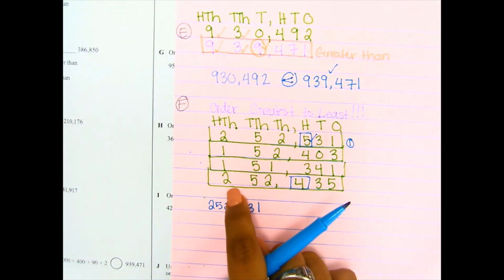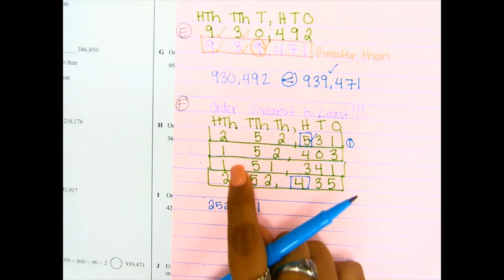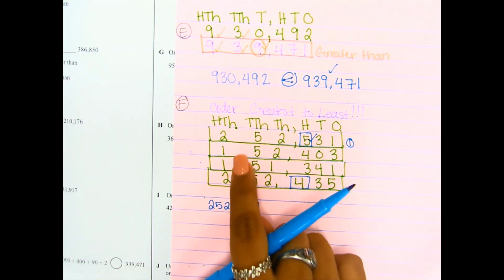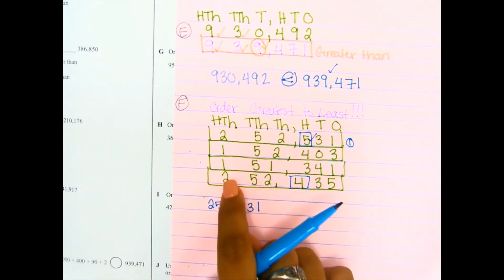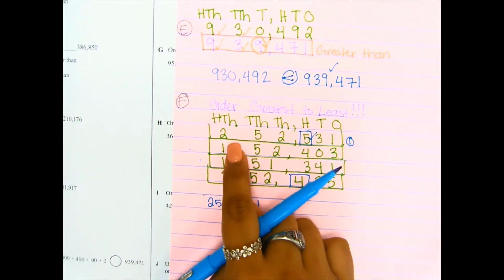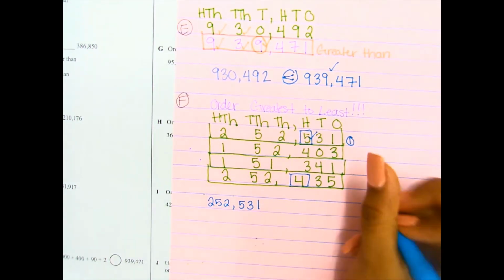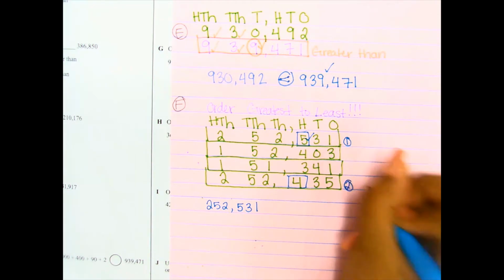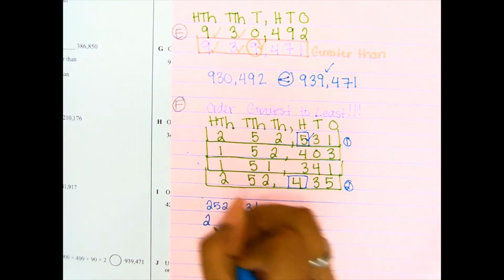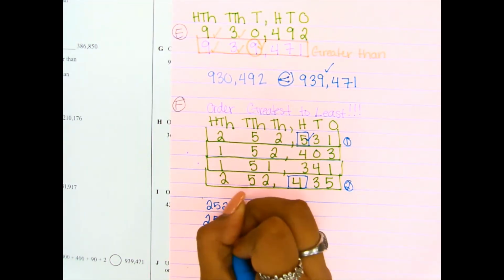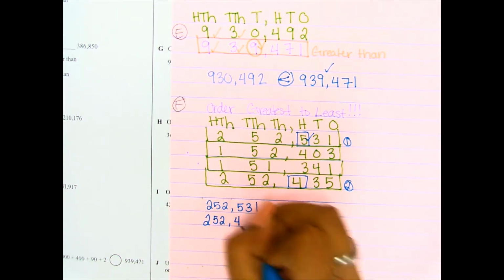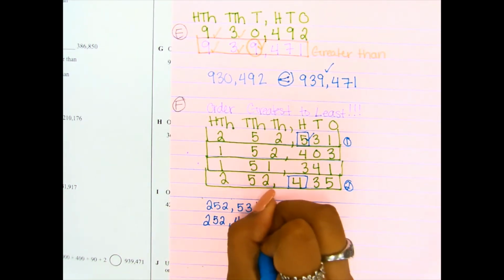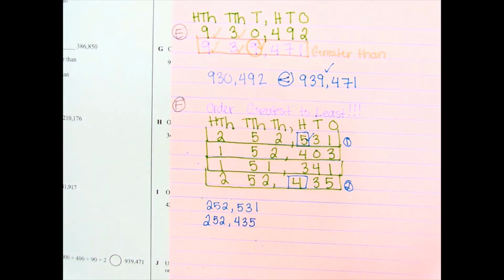These are the same. They have the same value. And then there is 2. And 2 is greater than both of these. So what's next? This number right here. So I'm going to write 252,435. Those two are my greatest numbers.